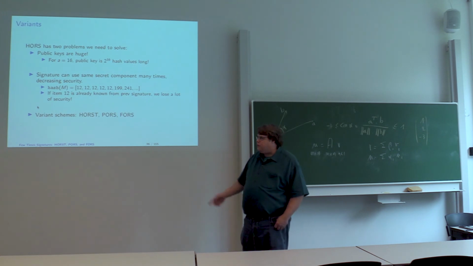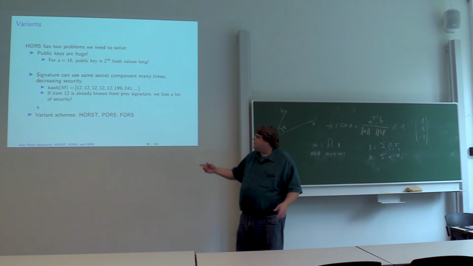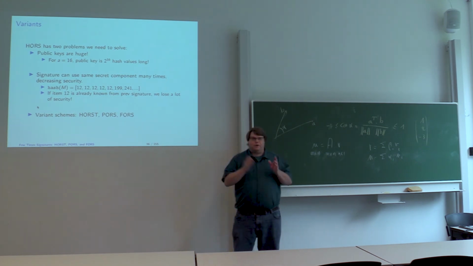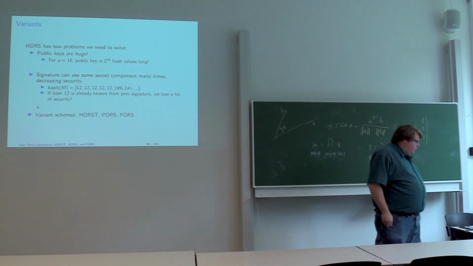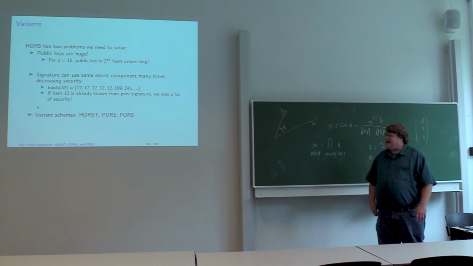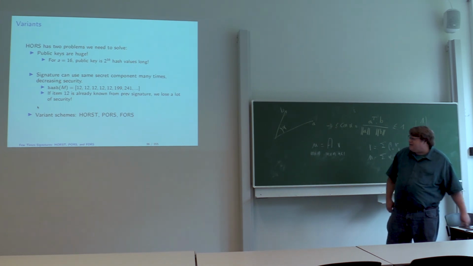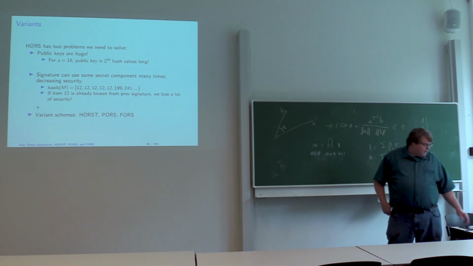If 2 to the minus 12 of these have been revealed to us, well, it's just 2 to the minus 12 for those first 5. We can't multiply them all together and have them be independent anymore. So those two problems: the huge public key means it's not usable for practical stuff, and reusing the same secret component means that the security analysis gets nastier. And so we'd like to fix that.